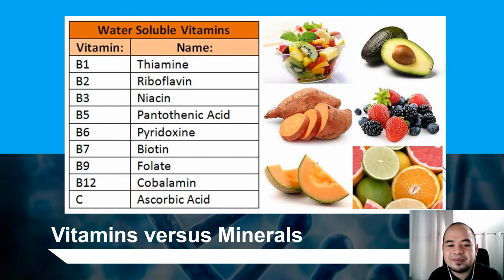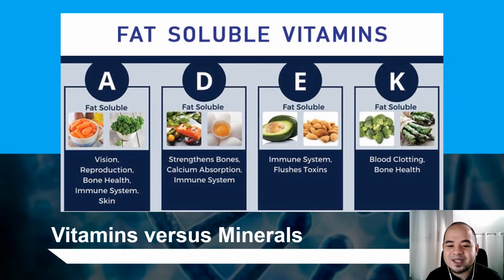The water-soluble vitamins are the B's and the C's. Usually, kapag regular semester, I ask this in the quiz and then discuss the differences further. But we have to focus on what's most essential. And the fat solubles are madaling tandaan, ADEK. So we have A, D, E, and K.